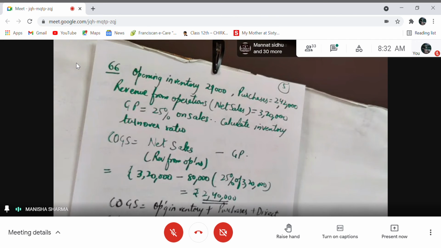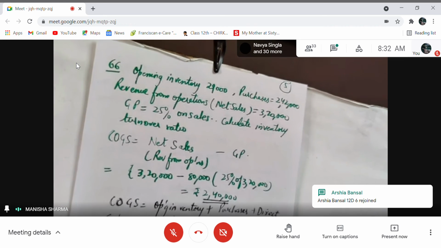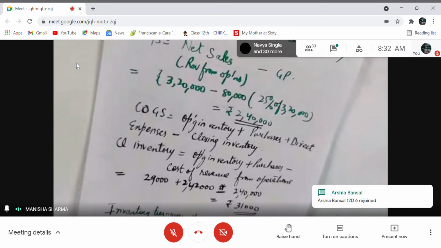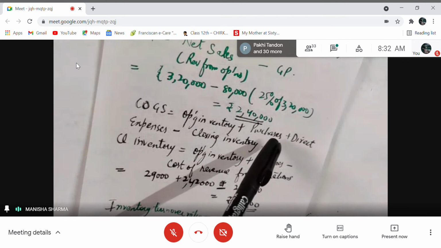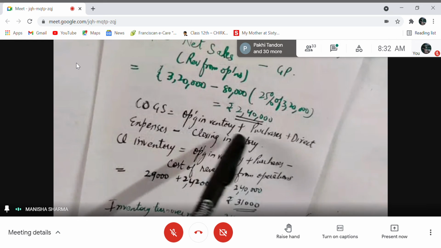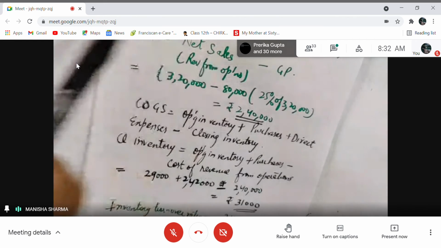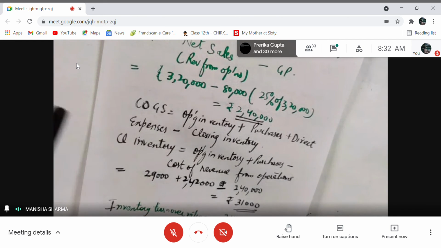So you can easily find closing inventory by using the formula of COGS. COGS is equal to opening inventory plus purchases plus direct expenses minus closing inventory. I will have to calculate closing inventory because it is missing in the question.